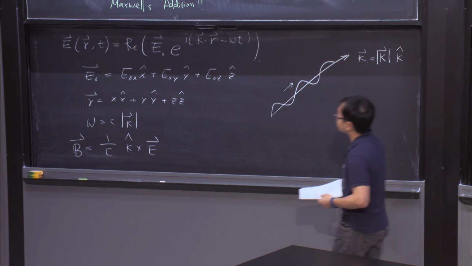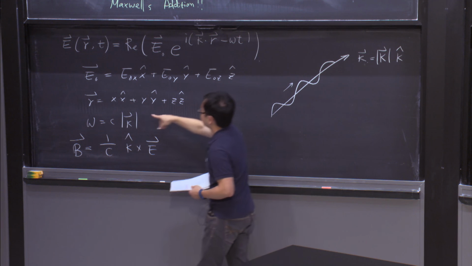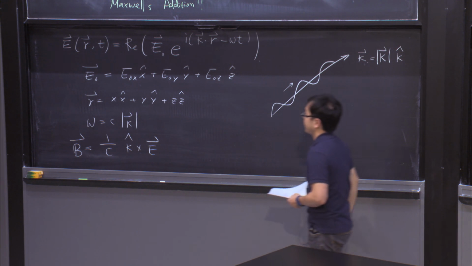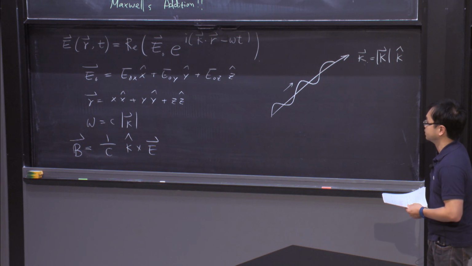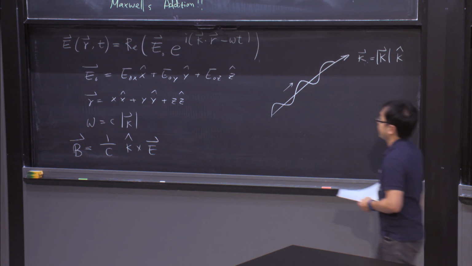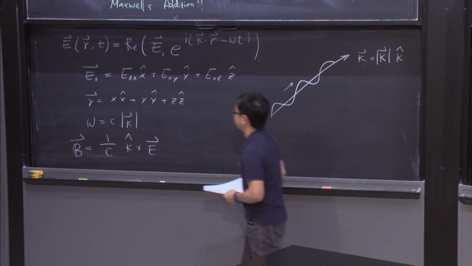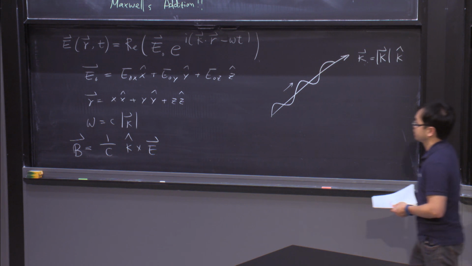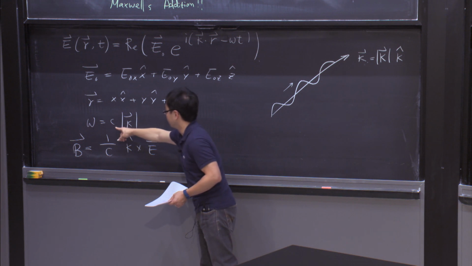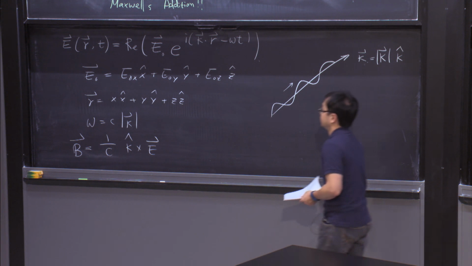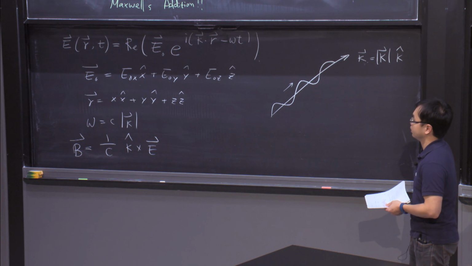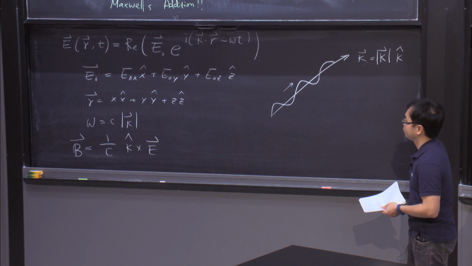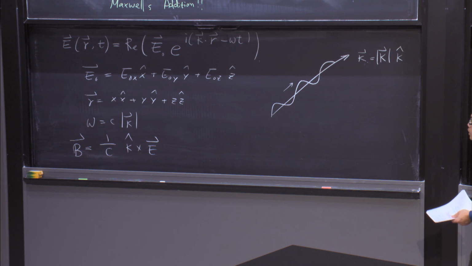And what is r? r is x x hat plus y y hat plus z z hat. Okay, and omega is the angular frequency which we are familiar with, and this is equal to c times the magnitude of k, which is the wave number.